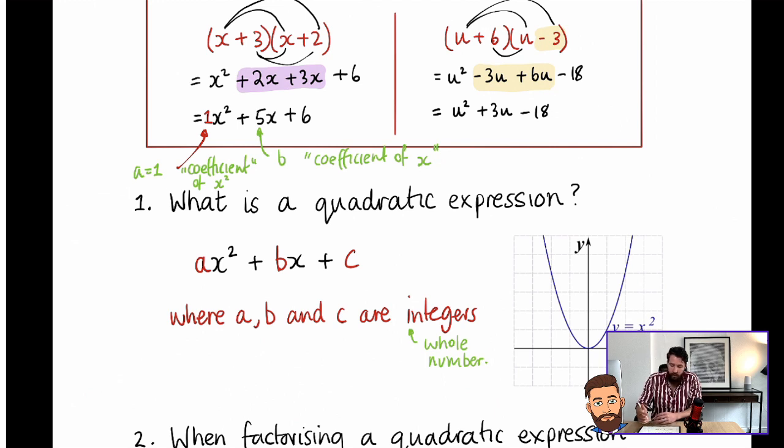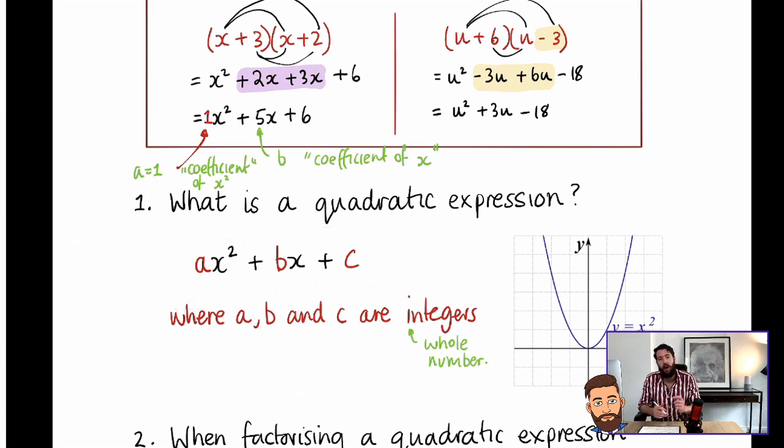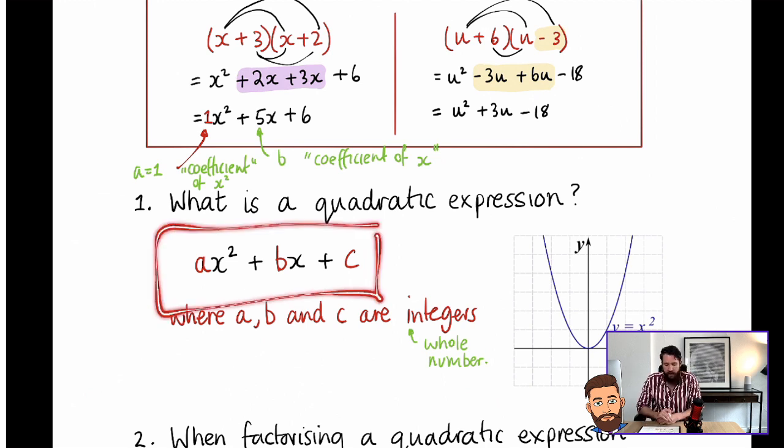To be honest with you, you don't actually need to know this very well to factorize, but having a deep understanding of it will make other things with quadratics much easier. For instance, the quadratic formula, completing the square. These are all things where understanding what we've just gone through is going to be really, really, really useful.